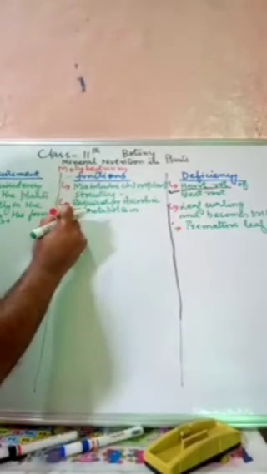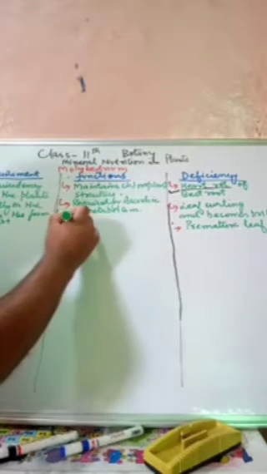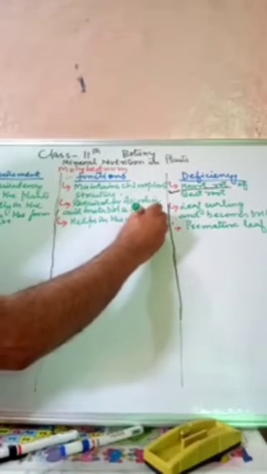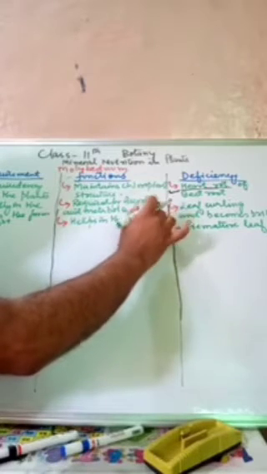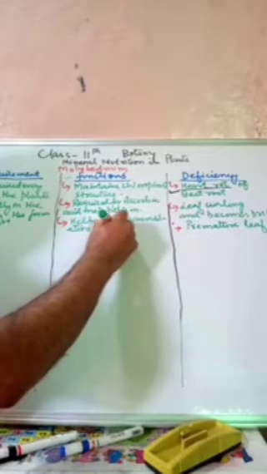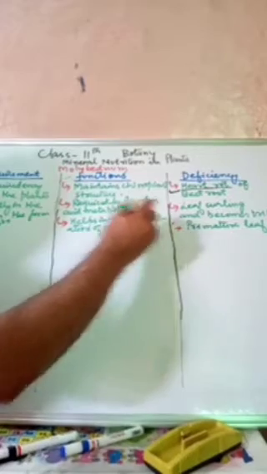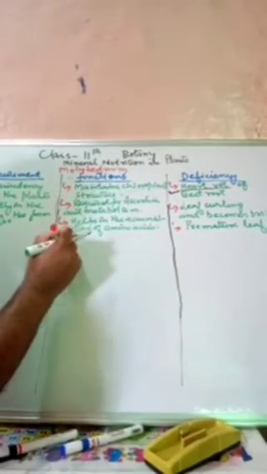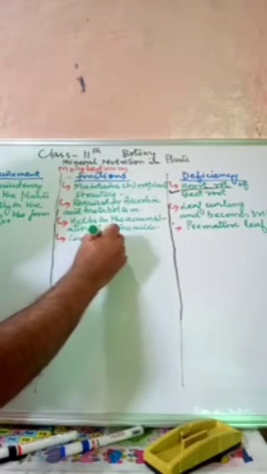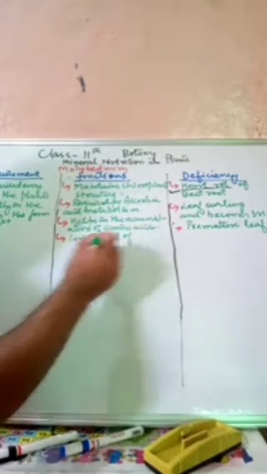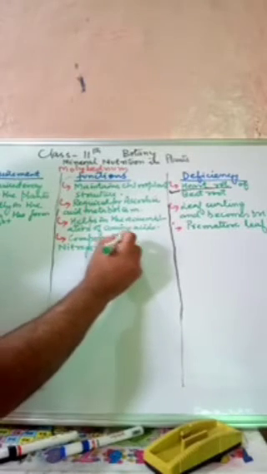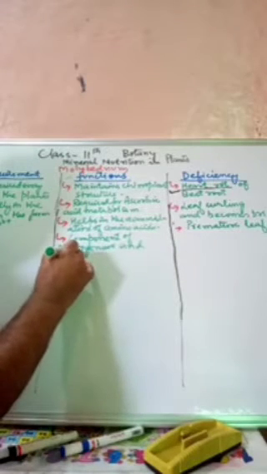Another function we can see is that it helps in the accumulation of amino acids. And a very important function of molybdenum is that it is a component of nitrogenase and nitrate reductase.